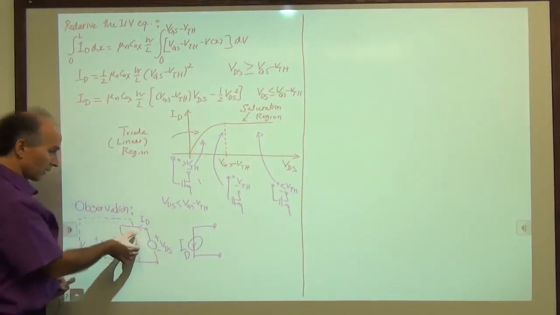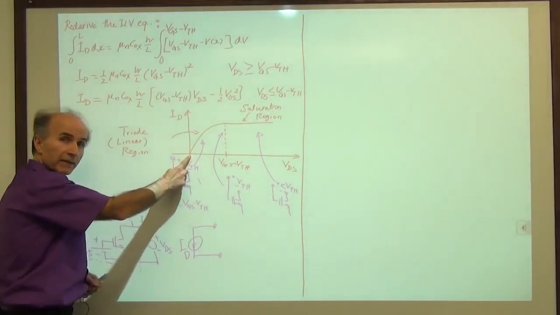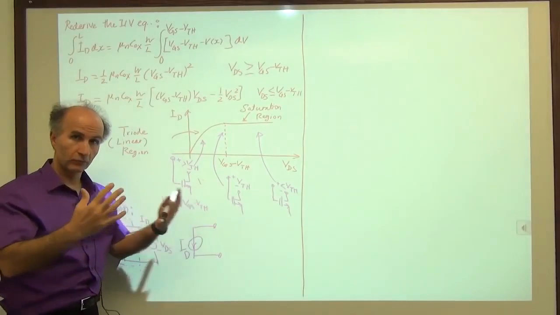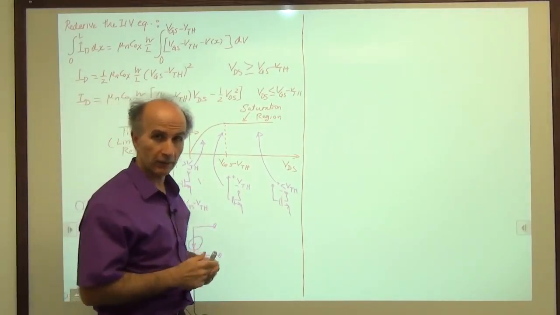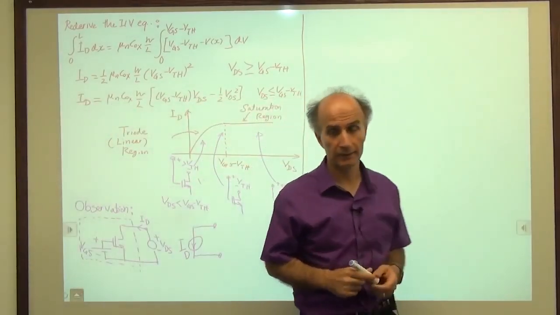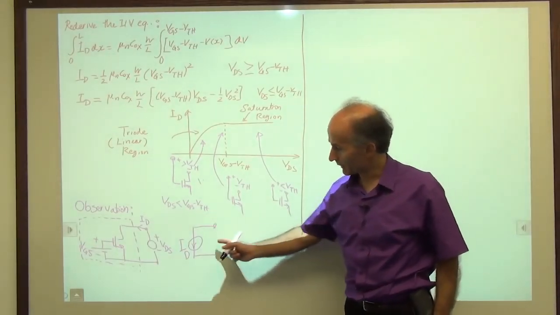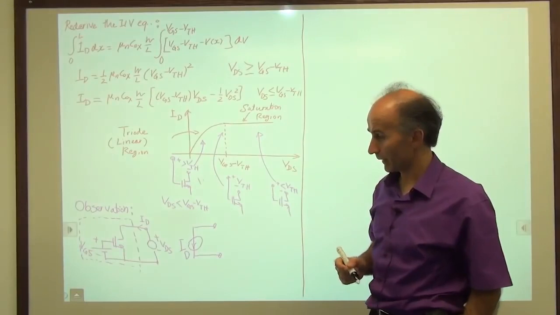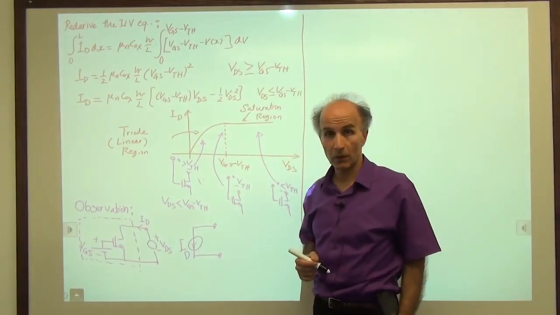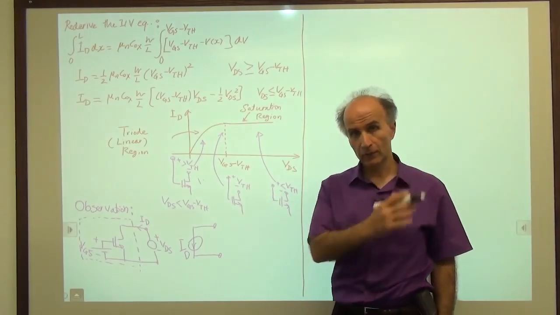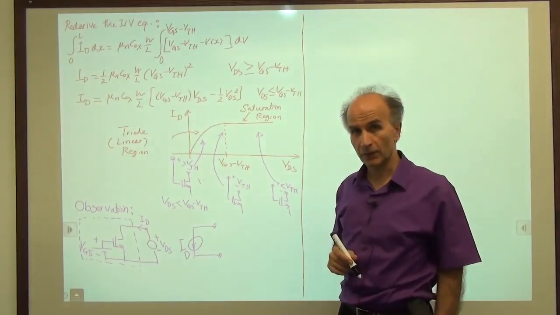So if VDS is small, we have a resistor on our hands. If VDS is large, we have a current source on our hands. So these are two very different structures, very different characteristics. Okay, so we have a constant current source, and that can be used. In fact, in circuit design, we often need constant current sources, and that's something you will see as you progress through many different lectures and courses.